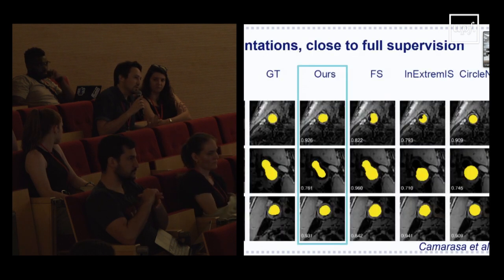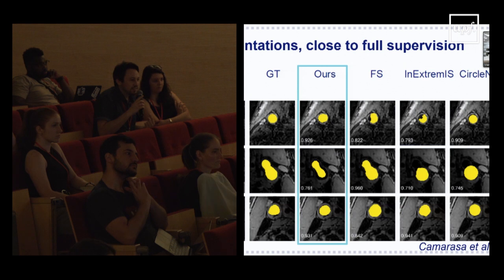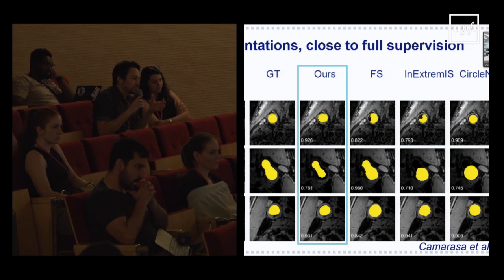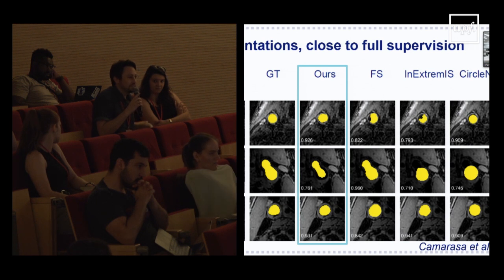But I noticed that in one of the slides, in the central slice, the shape was very similar, but the diameter was not. So my question is, when is a good result actually good enough in a clinical case? Would the clinician change the diagnosis based on the difference in diameter? If that makes sense.